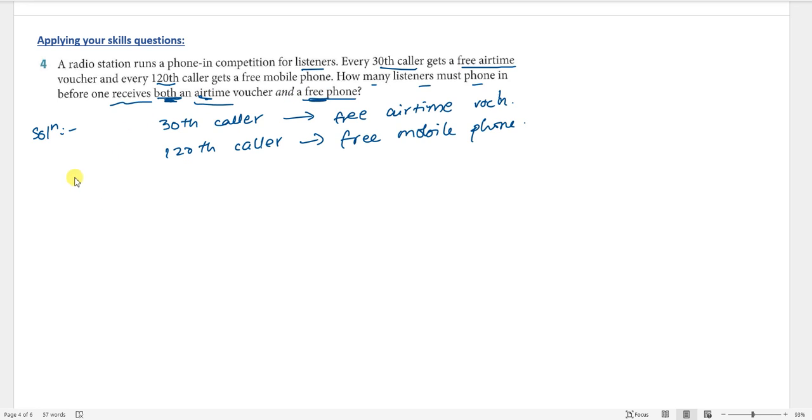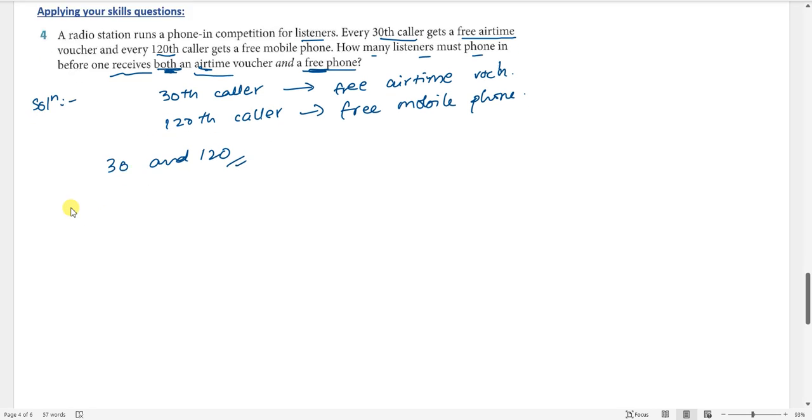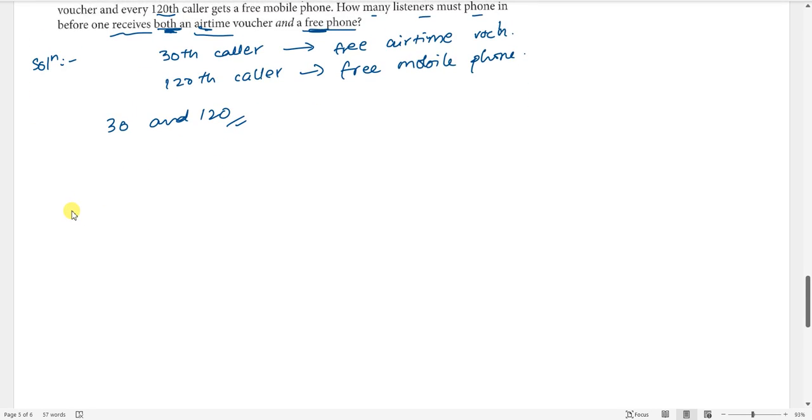Okay, that's very easy. So our numbers are 30 and 120. Find the LCM, you are done. So 30 is equal to 2 times 3 times 5, and 120 is equal to 2 times 2 times 2 times 3 times 5.